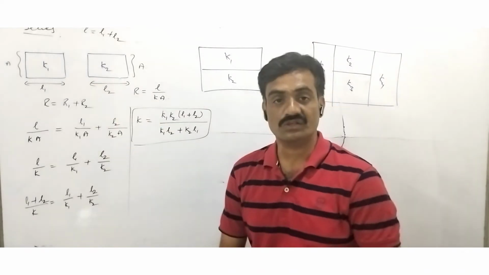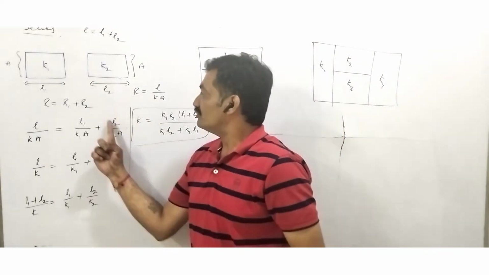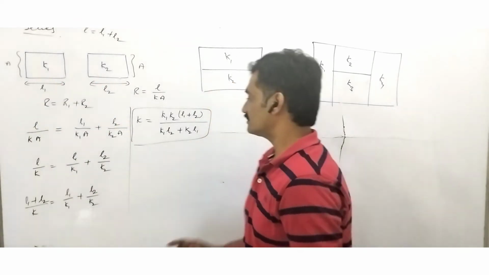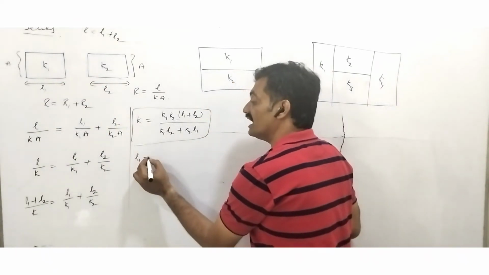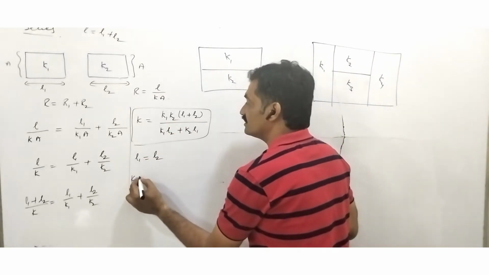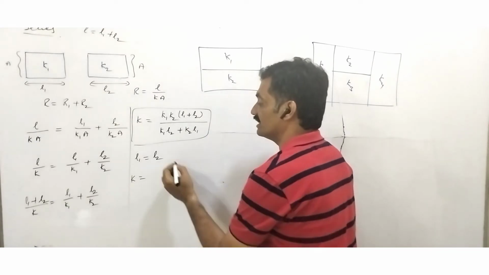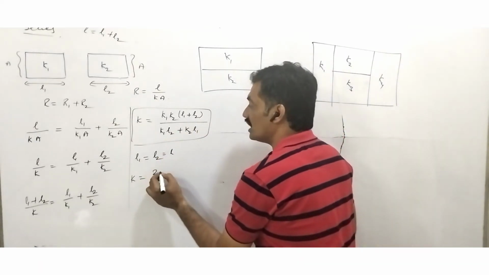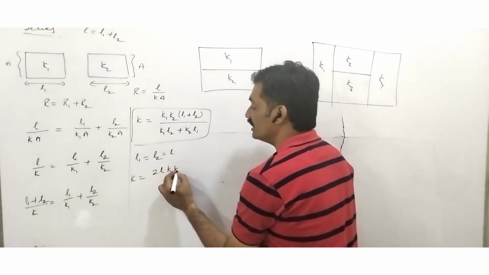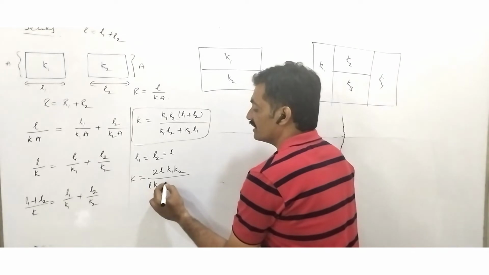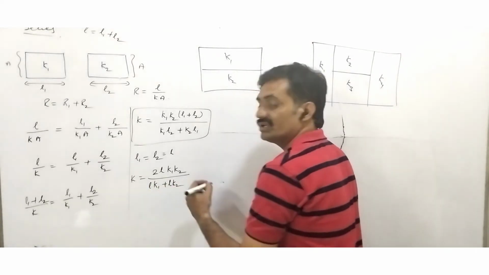connected in series combination. If we consider both the lengths of these two rods are the same, meaning L1 equals L2, let us consider it as L. Then K equals L plus L, which is 2L, into K1 K2 by L into K1 plus L into K2.